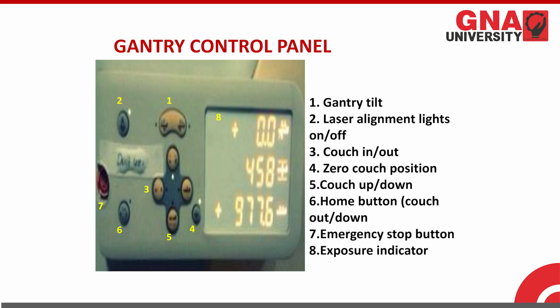So as you are able to see, this emergency stop button is used in case of emergencies. If sometimes the CT gantry fails and it starts to produce X-rays without any command from the operator, then at that particular time when we have to stop the machine, we use this particular button.